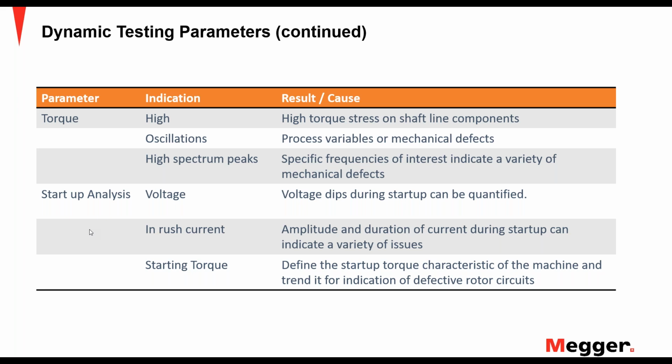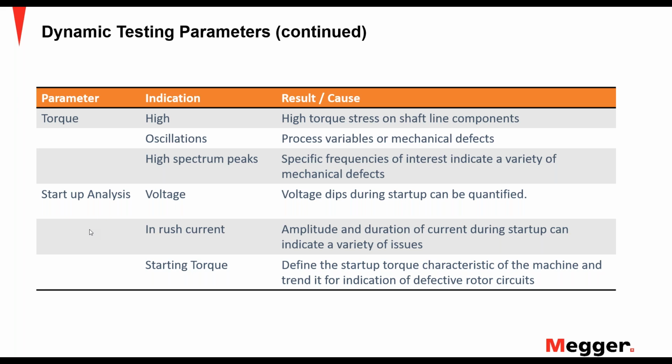Oscillation is process variables or mechanical defects that are causing the oscillation. If the motor's on a VFD, those oscillations in current could be the process variables of that VFD. High spectrum peaks at specific frequencies of interest.